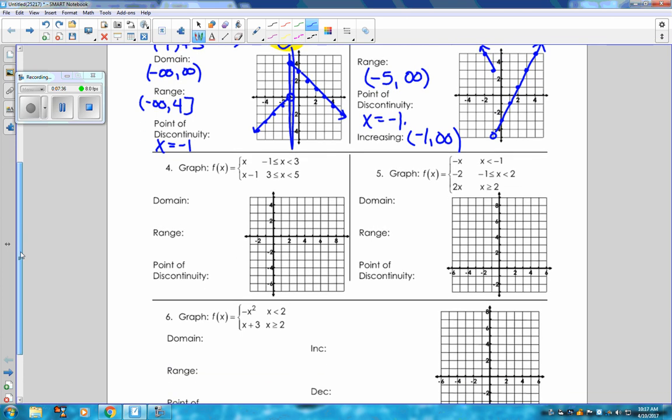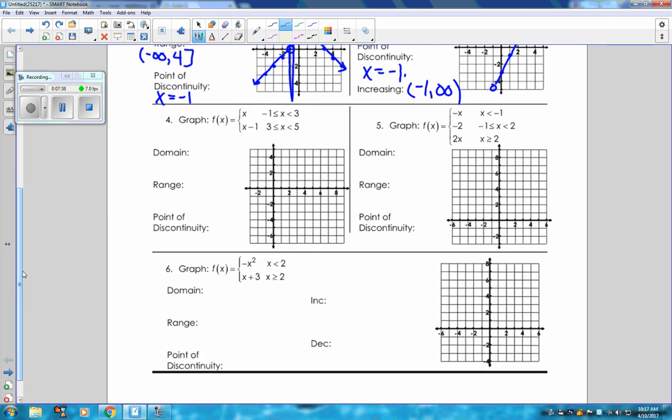So for number 4, I'm going to highlight -1, which is right here, 3, and 5. So these are the sections I'm going to be working with in this interval.